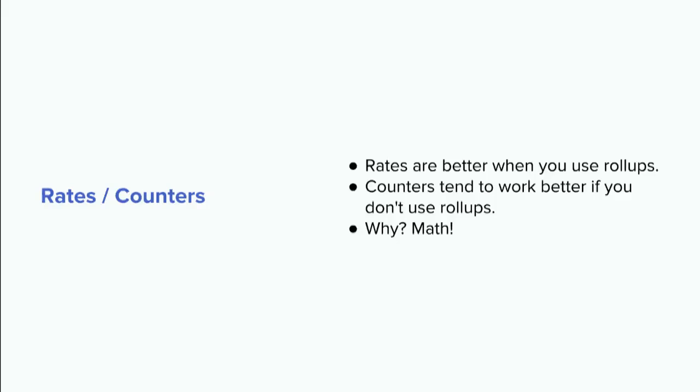But counters work better if you don't use rollups. We still use counters mostly because of legacy reasons. We started off with a Graphite system where counters work better. Now that we're on a rollup based system, rates would actually be better, and we're looking into switching because the math works better. If you're curious, I can show you a bunch of graphs. But essentially, to get the math to be more exact, it's a lot easier to use rates.